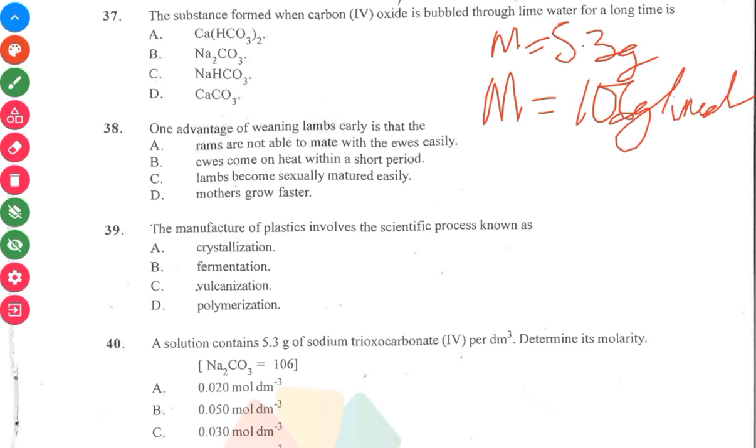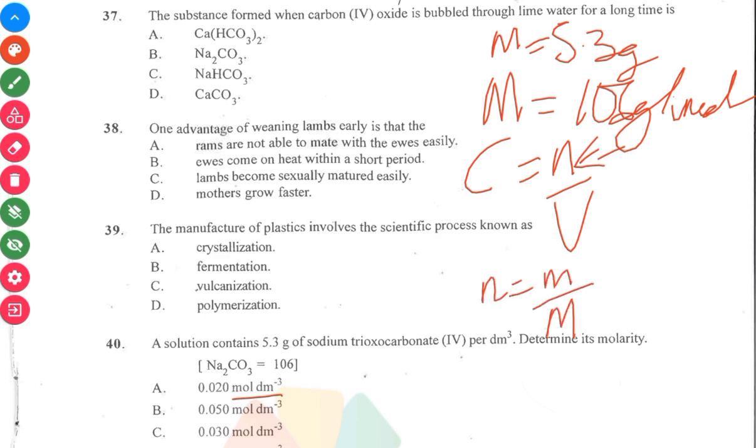So we need C equals n over V. That's mole per dm cube. But we have to find n. To find n, which is the amount of substance, this is mass over molar mass. The mass here is 5.3, and the molar mass is 106 gram per mole.